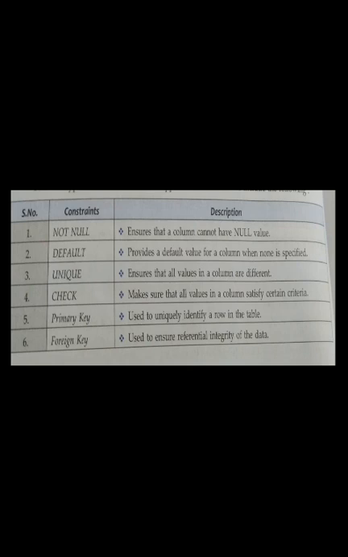Then the primary key constraint, I've told you, is used to uniquely identify a row in a table. Then the foreign key constraint is used in the child table to ensure referential integrity. This means that if the value is present in the parent table, only then can the value be inserted into your foreign key field. Otherwise, you can of course insert null if you do not want to link both the fields together.